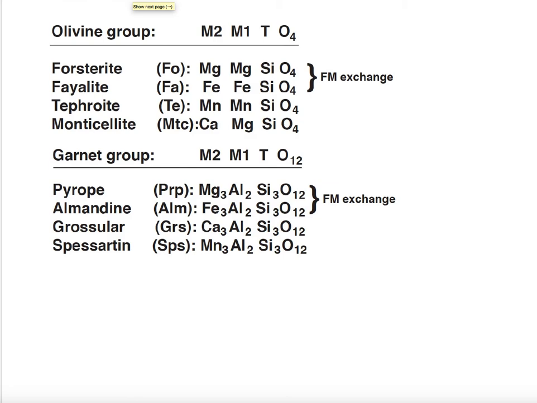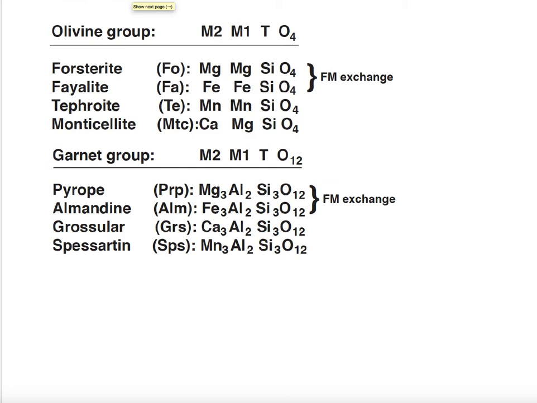Then you just have to balance it with the positive charges. Silica is 4 plus, and of course when we are talking about the group of the silicate minerals, then there is silica inside.